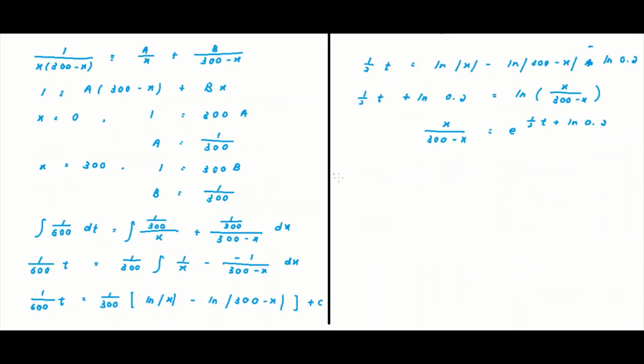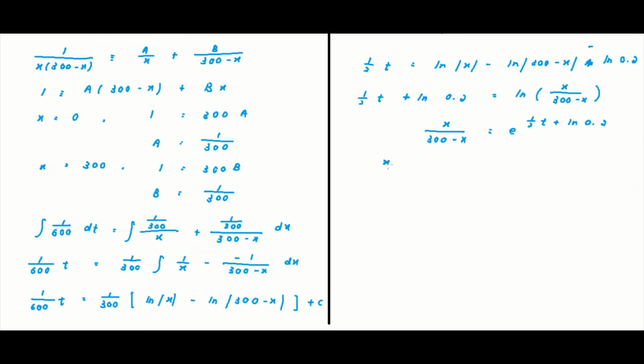After you combine, let's see what we can do. So ln x over 300 minus x, right? Since we need these two as our subject, we can just change it into x over 300 minus x. Then after that, 1 over 2t plus ln 0.2. Same thing, we need to split it further.